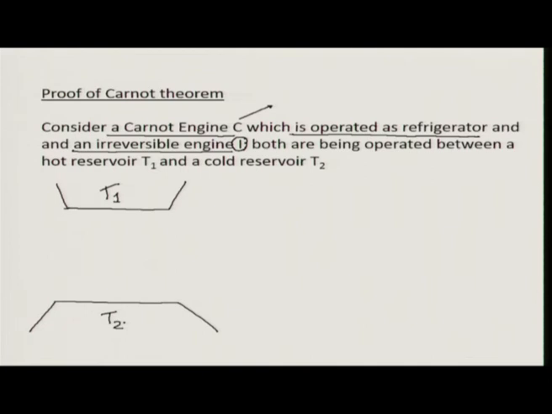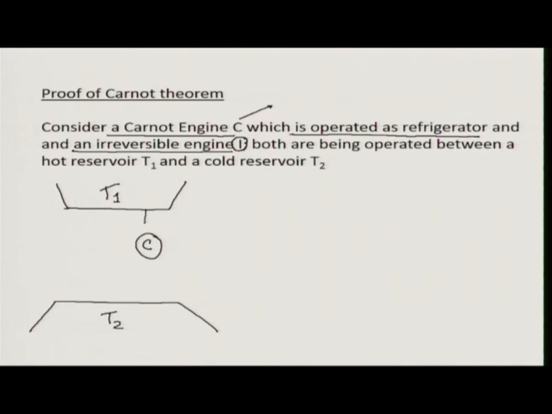Okay. So, remember, first I have a Carnot engine, this is C. This Carnot engine is being operated as a refrigerator. So, let me first focus on this hot reservoir T1 and this Carnot engine which is being operated as a refrigerator. What will it do?